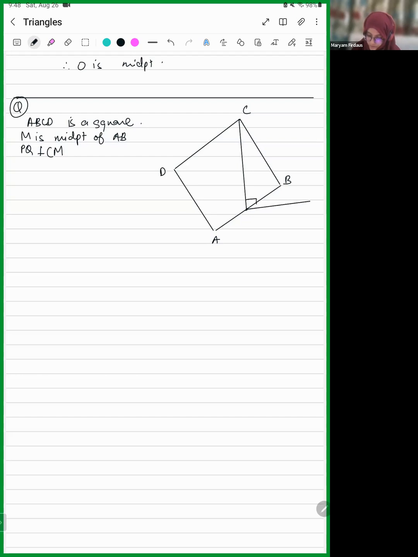So this is M, this is your P, and this is Q. So PQ is perpendicular to CM.